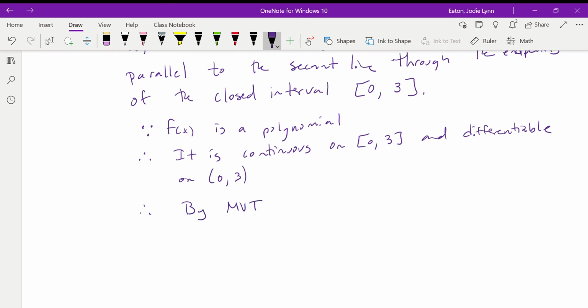So by the mean value theorem, f of 3 minus f of 0 over 3 minus 0, so the slopes there, are equal to f prime of c for some c. That means that c has to exist. There may be more than one c. It doesn't mean there can't be more than one c.